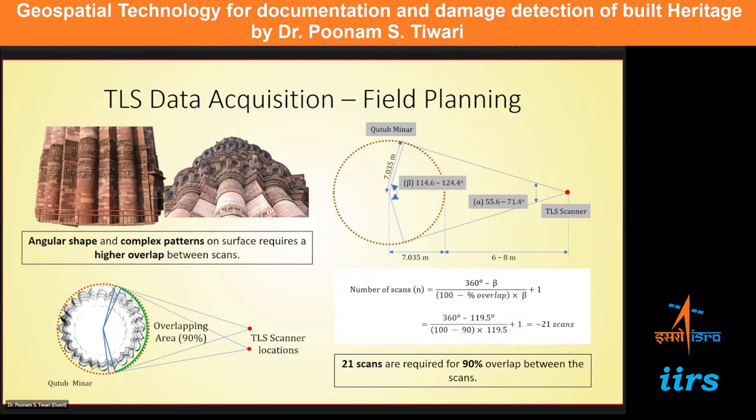Based on the literature, it was suggested that approximately 90% overlap should be there between two scans. So we did all the calculations mathematically, and we found out that a minimum of 21 scans are required, using which we can get 90% overlap between these scans.